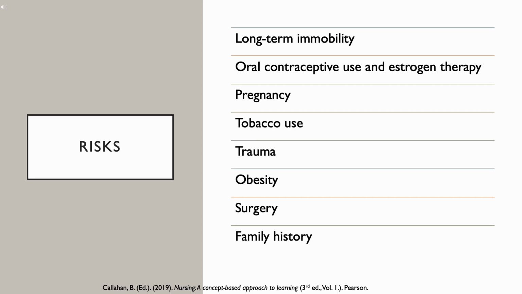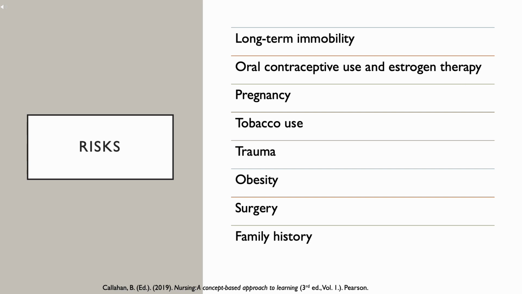Some risks that occur with a pulmonary embolism are long-term immobility. Patients, or even people at home that are chair-ridden or bed-ridden, and they just kind of lay there all day and they're not able to get up, whether it's due to an injury or even depression or something.